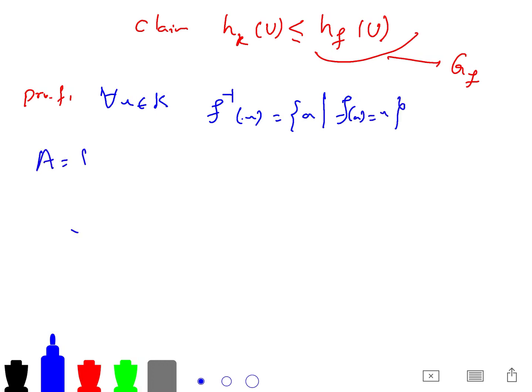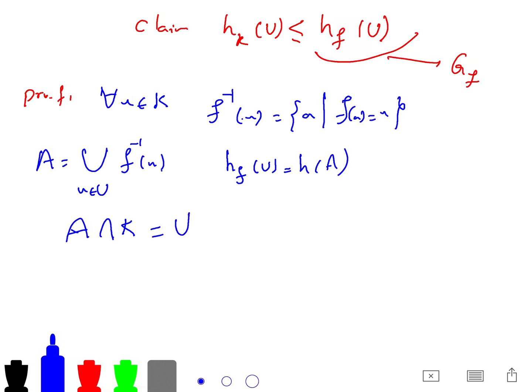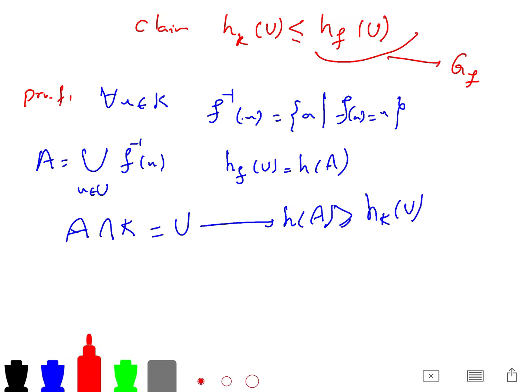If you take the union of all of these for any u in U, then by definition h f of U is h of A, and because A has intersection with K, which is U, this implies that h of A is greater than or equal to h K of U. This is the second result, and this is the first result, and this is our cut.